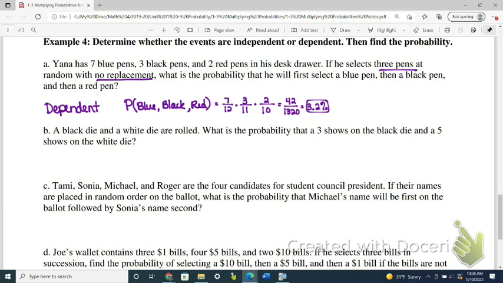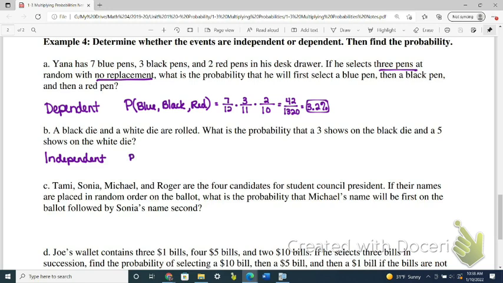B, a black die and a white die are rolled. Those are 2 separate dice, so that is independent. What is the probability of a 3 on the black and a 5 on the white?